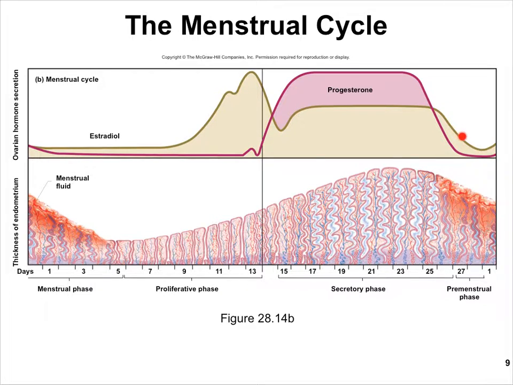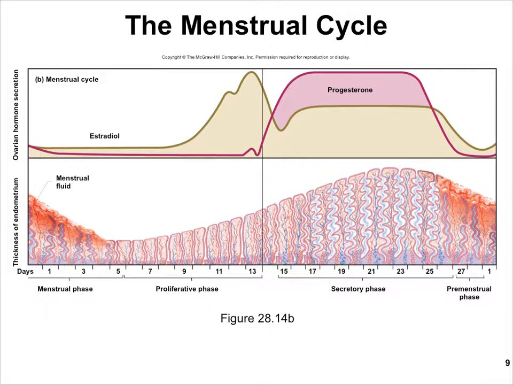Estrogen also starts to fall off. All of this expanded tissue no longer has the hormones that are necessary to support it, and it begins to start shriveling up and dying off. This is what's called the premenstrual phase.